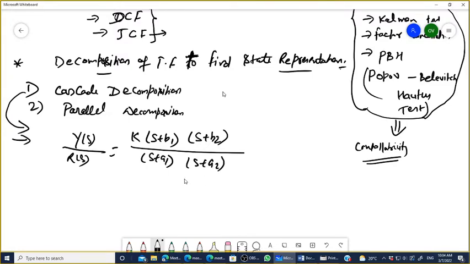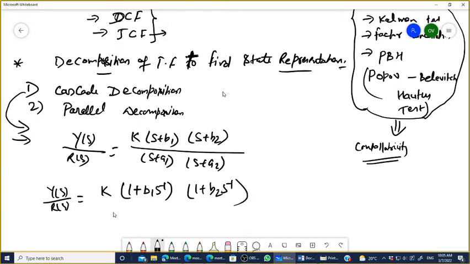What you have to do is represent the system first by taking s common, so the transfer function becomes K into (1 plus b1 s inverse) (1 plus b2 s inverse). It means you have taken s square common, and in a similar way you take s square common from the denominator, and that will cancel with the numerator, and then it becomes 1 upon (1 plus a1 s inverse) (1 plus a2 s inverse). Right?